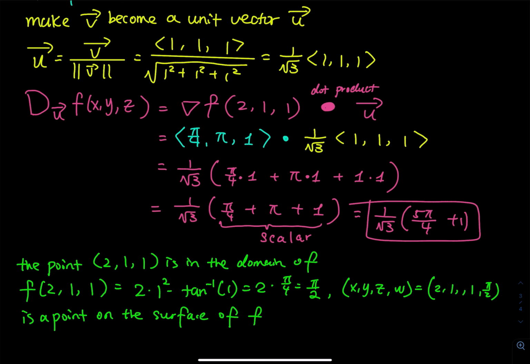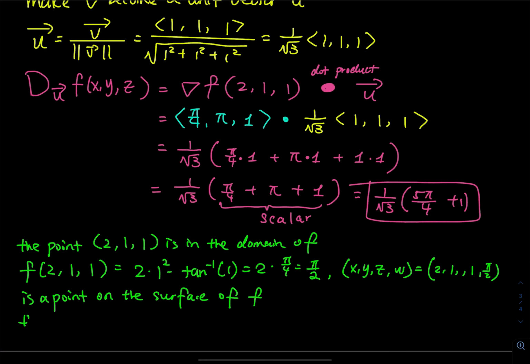And then the slope of the function at that point, traveling in the direction of the vector, is 1 over root 3 times 5 pi over 4 plus 1.